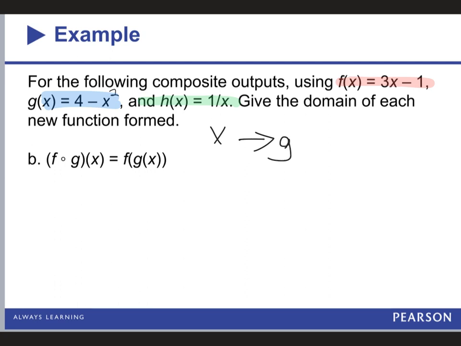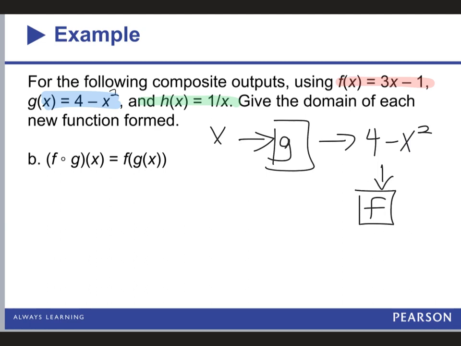and if my input is x, then I'm going to do g to it first. And g says that we're going to take the number 4, and we're going to subtract my input squared. So 4 minus x squared is my output there for doing g to x. And then we're going to apply the next function, which is f. And f says we're going to triple it. So we take the output that I had from the last part, and I'm going to triple that and then subtract 1.